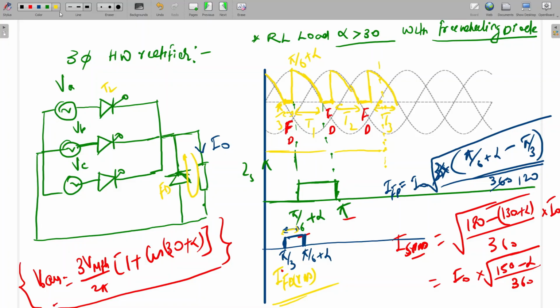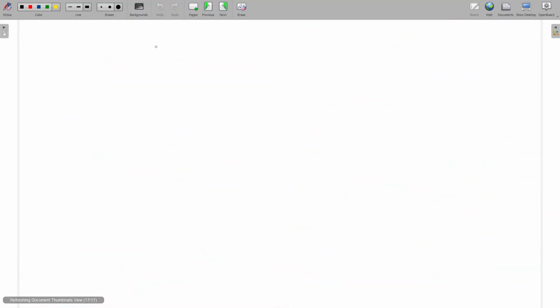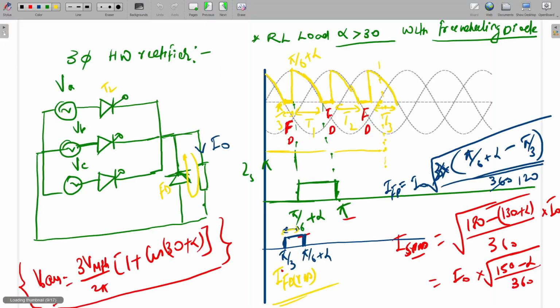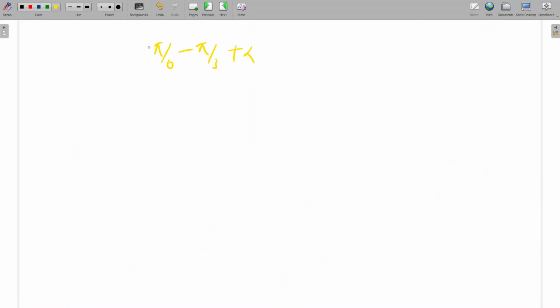It will be pi by 6 minus pi by 3 plus alpha divided by 120 into I naught. So this will be the freewheeling diode RMS current.